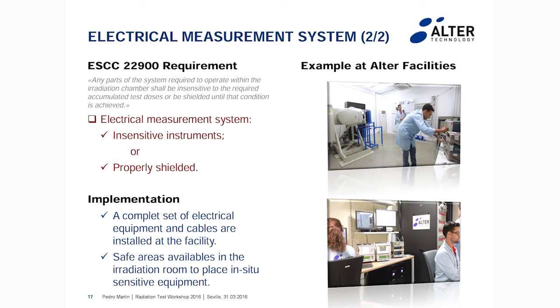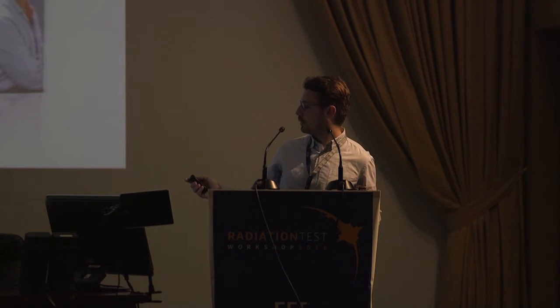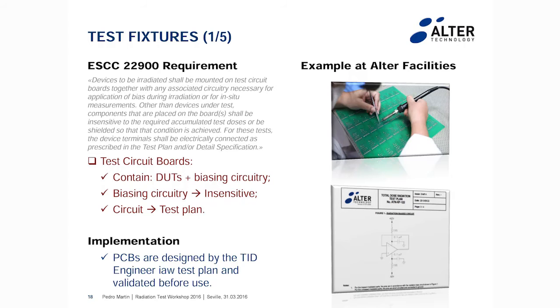Where are you going to perform the electrical measurements? Of course, you can choose between remote or in situ testing. In both cases, you have to guarantee that the instruments are properly shielded, with the accuracy needed.